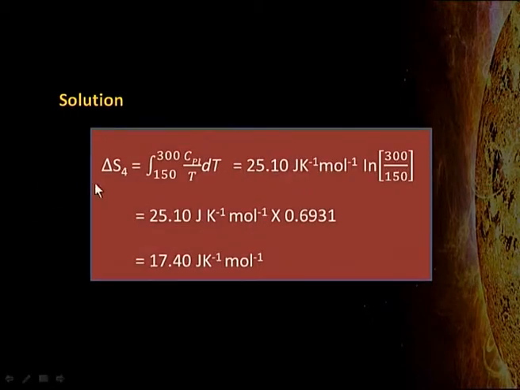Delta S4 will be equal to the integral of Cp by T dT within the limits 150 and 300, which will be equal to 25.10 joules per Kelvin per mole natural log 300 divided by 150, and on calculation we will have delta S4 equal to 17.40 joules per Kelvin per mole.